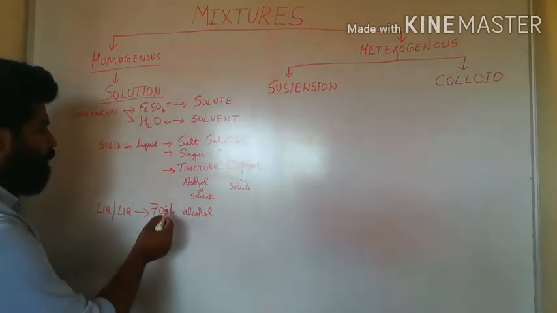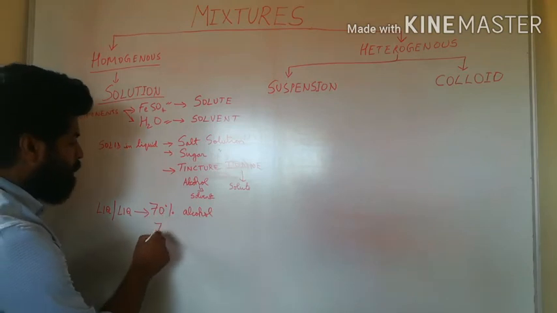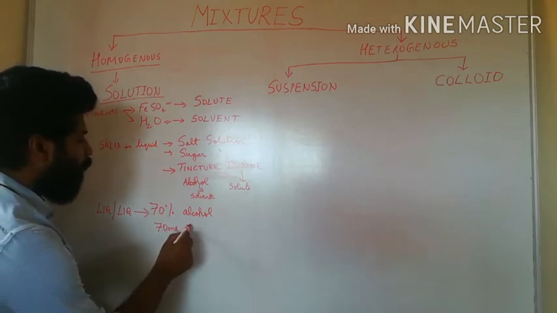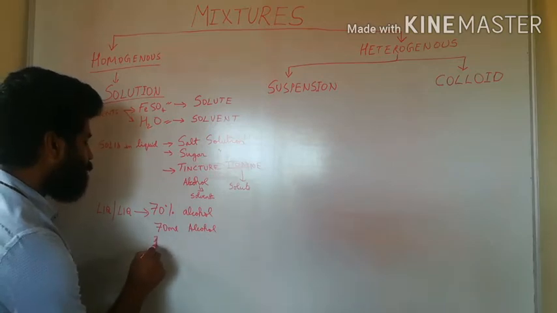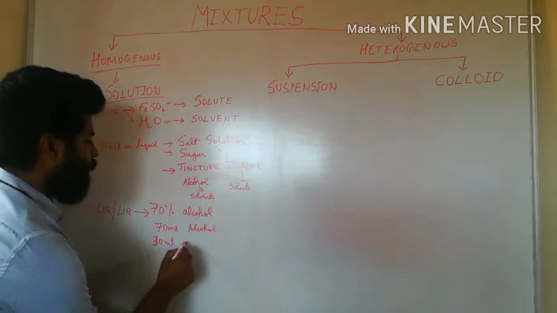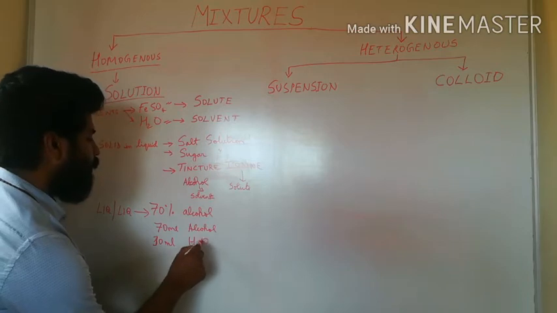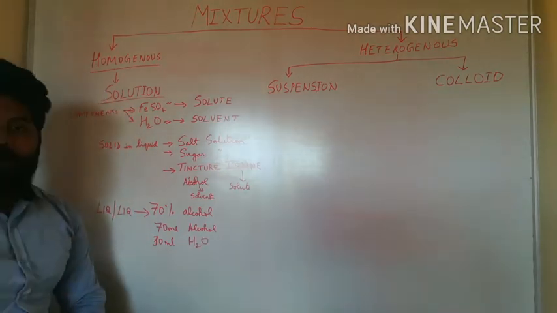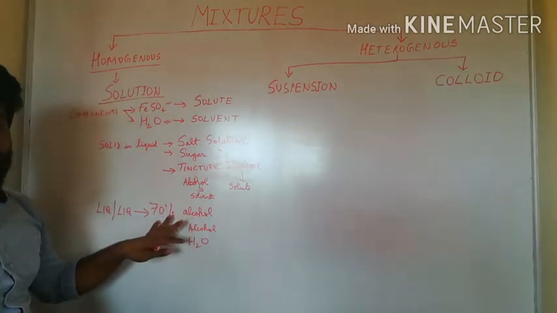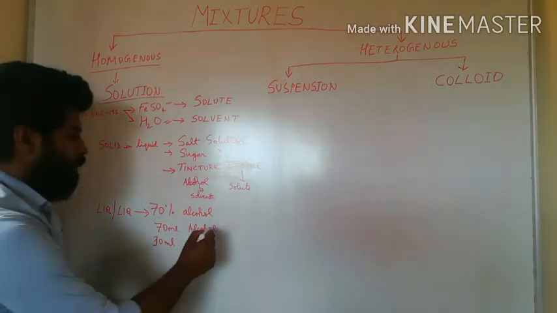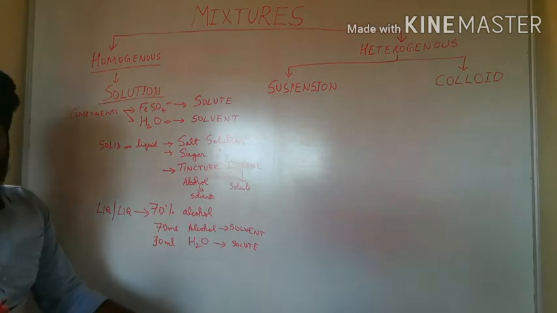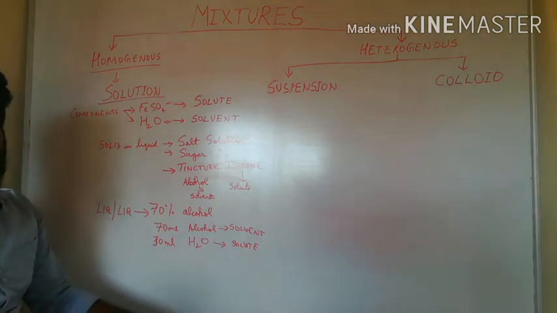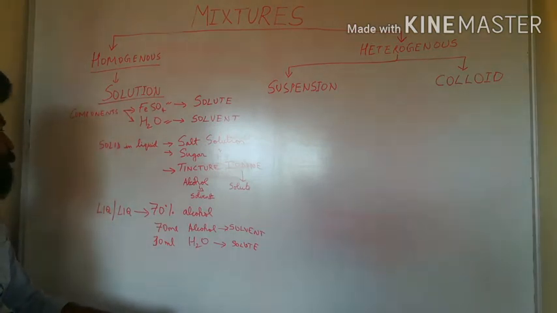Here it is 70 ml of alcohol added to 30 ml water. So both are liquids, alcohol and water. 70% alcohol is very effective in killing bacteria and viruses.